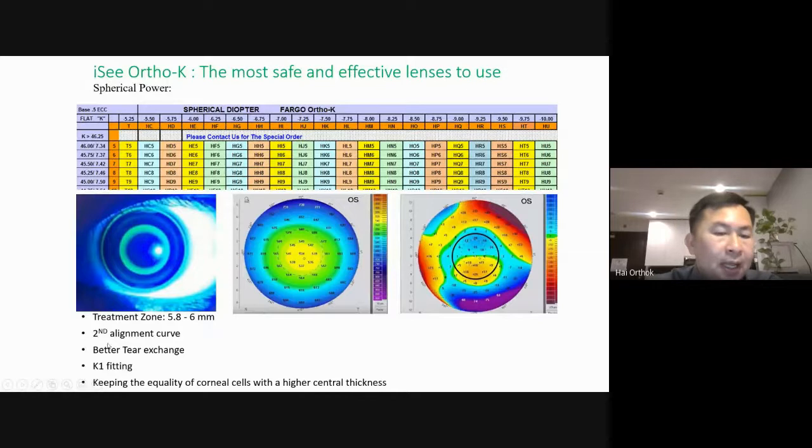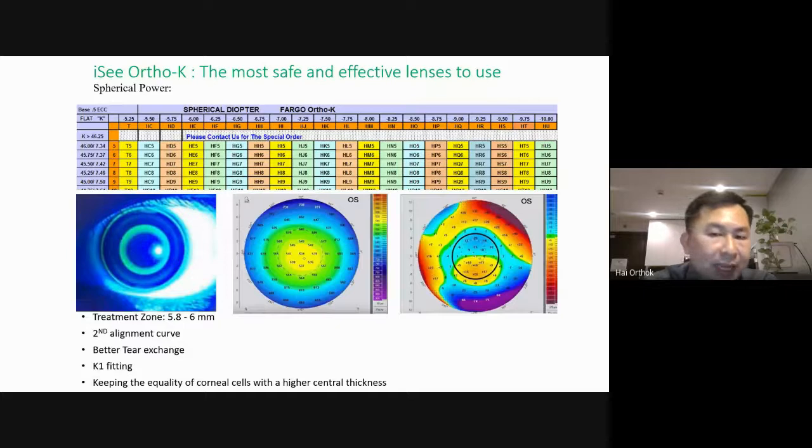hyperopic patients. We have the second alignment curve. We have a better tear exchange, as I showed you in the previous slide. We fit the IC lens on K1. The K1 fitting is very effective because it is safe. K1 is the vertical, horizontal K, and it is just touching the lens.